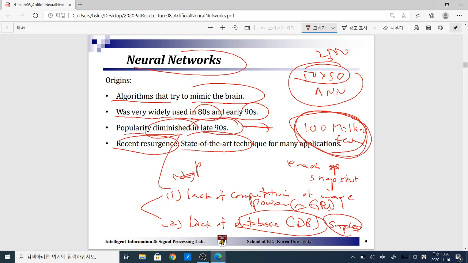It has become the state of the art technique for many applications under the name of the deep learning model, which is essentially the artificial neural net model made much more sophisticated by building many more layers on top of it.